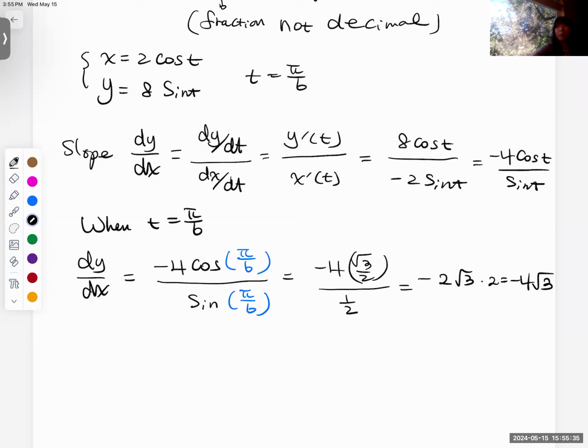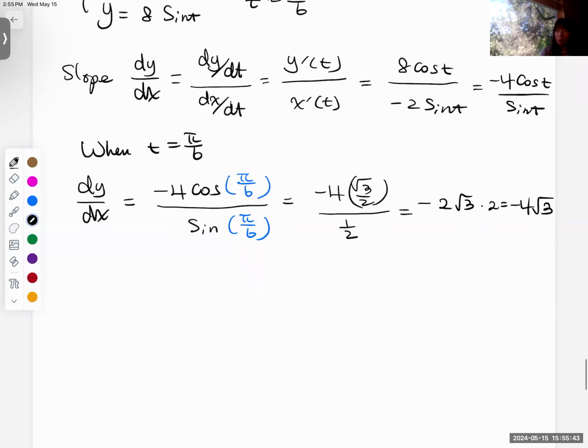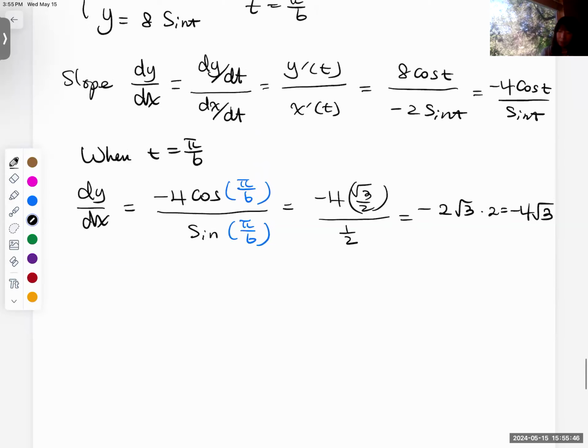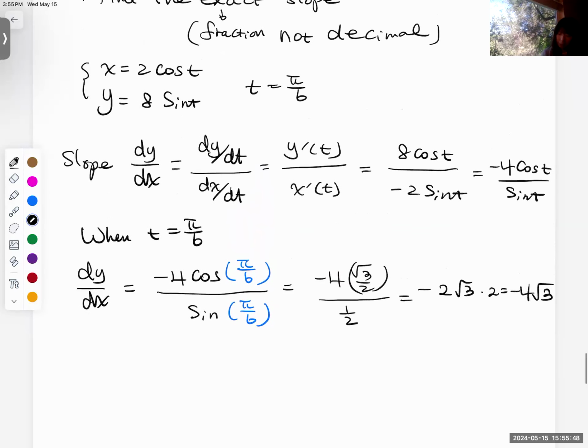Okay, number 9. So determine the slope of the tangent line. The tangent line. So we went over this one in the class.